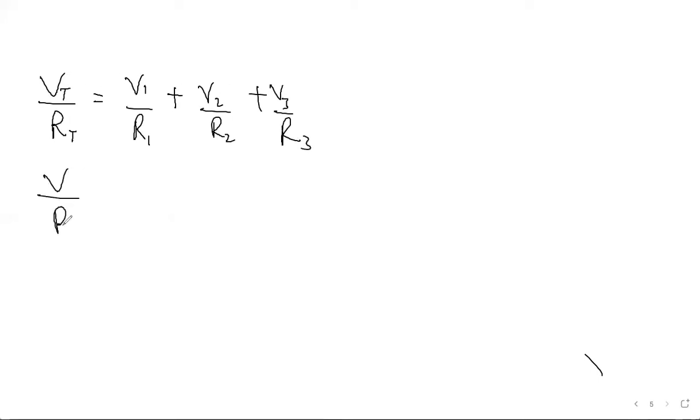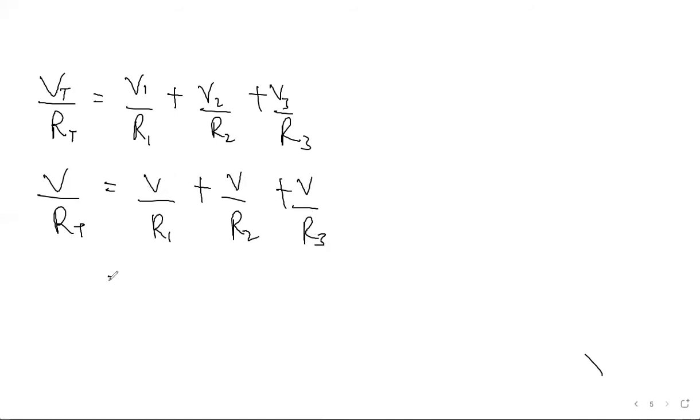So VT over RT will be equal to V1 over R1 plus V2 over R2 plus V3 over R3. But we've established that all these V's are the same, so I can put V for all of them: V over R1, plus V over R2, plus V over R3.